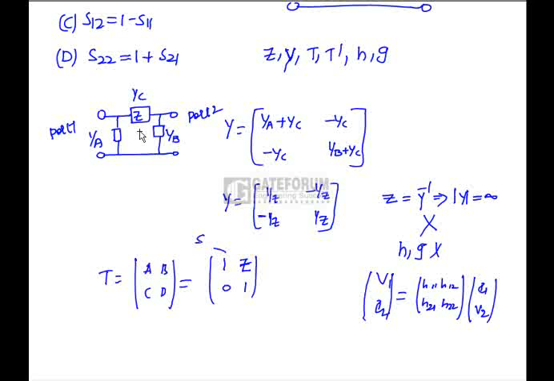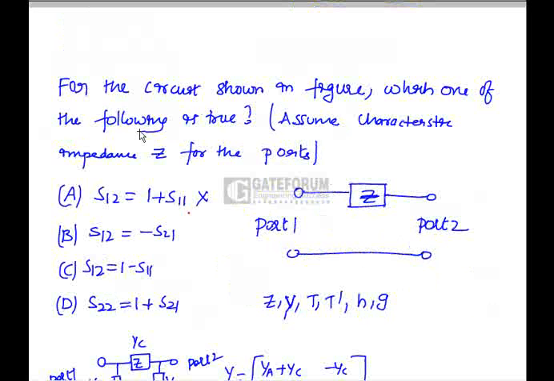Take this one as S11, this as S12, this is S21 and this is S22, and observe the relations there. Option A: S12 is equal to 1 plus S11. Option A is wrong. Similarly, option B is also wrong, S12 is not equal to minus of S21.